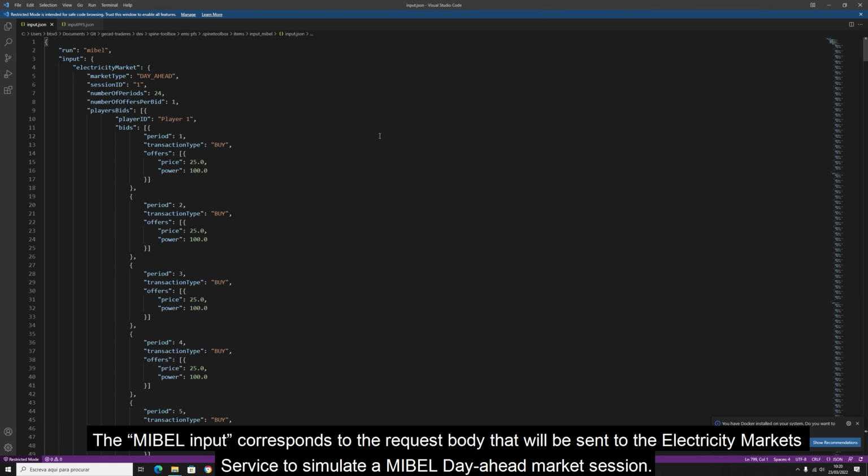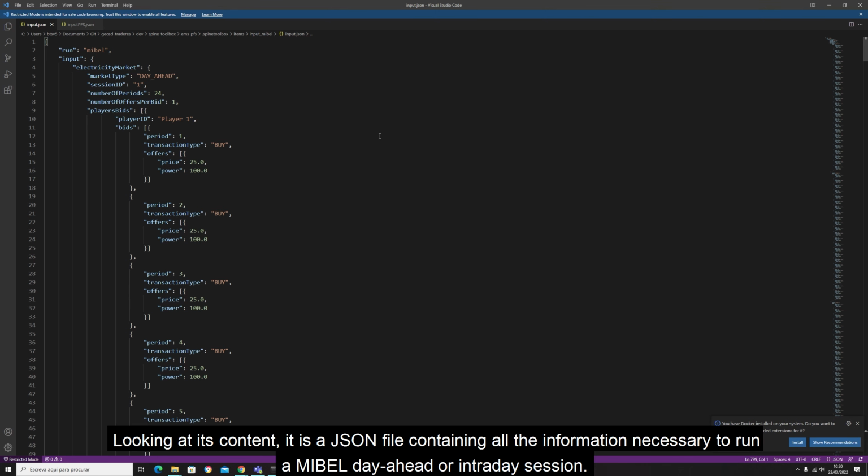The MIBEL input corresponds to the request body that will be sent to the electricity market service to simulate a MIBEL day-ahead market session. Looking at its content, it is a JSON file containing all the information necessary to run a MIBEL day-ahead or intraday session.